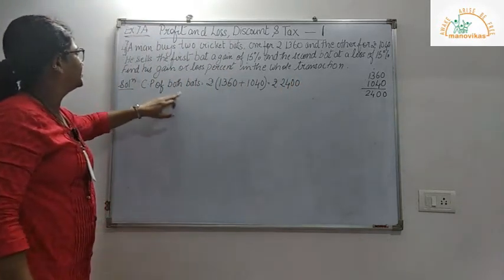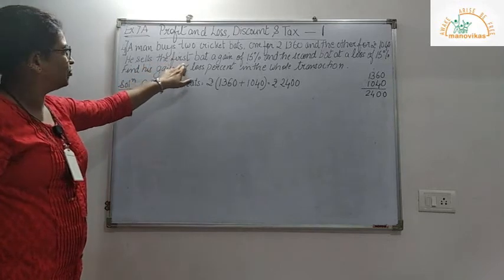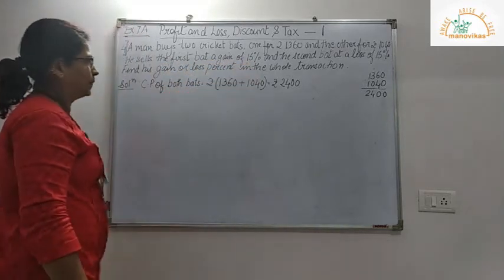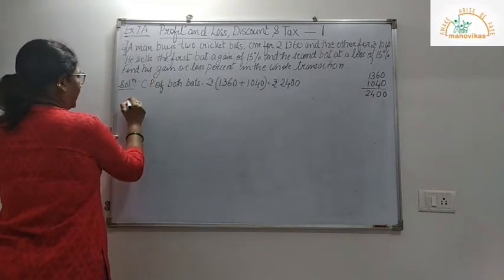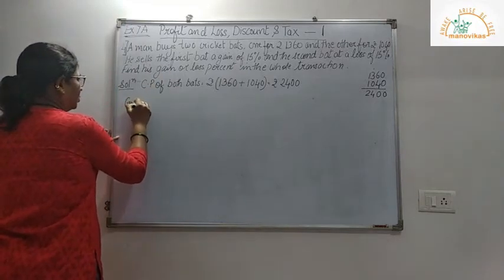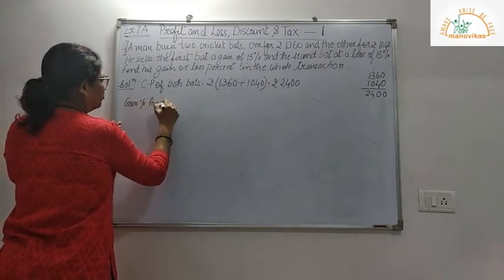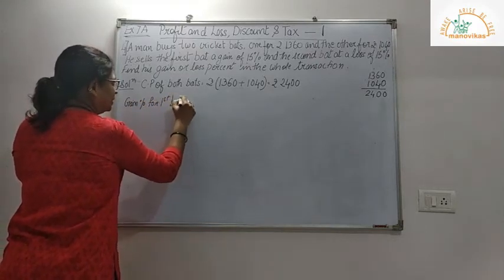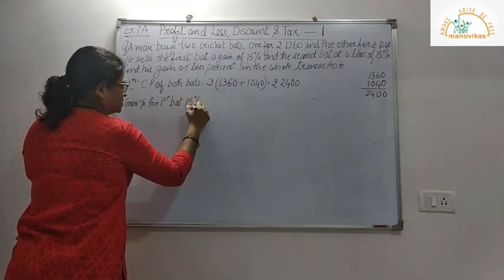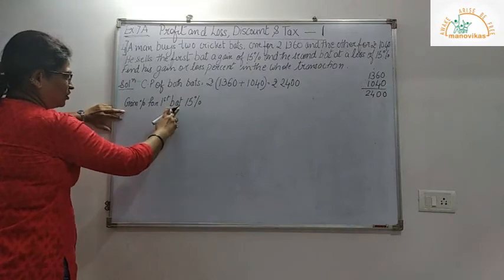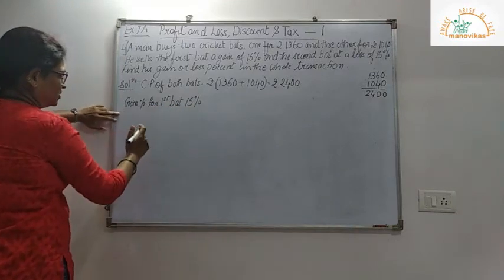Right? Now what they have said, he sells the first bat at a gain of 15%. So gain percent for first bat is 15%. So let us find the gain on the first bat, which is 15%.